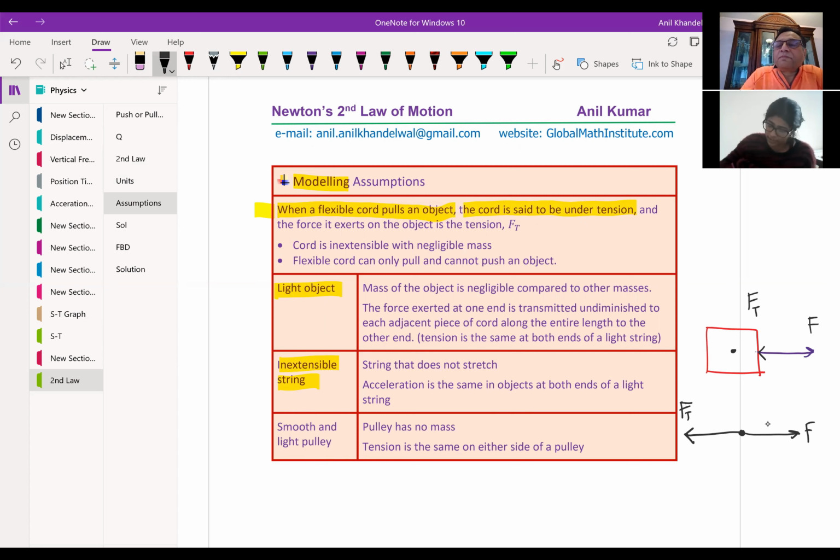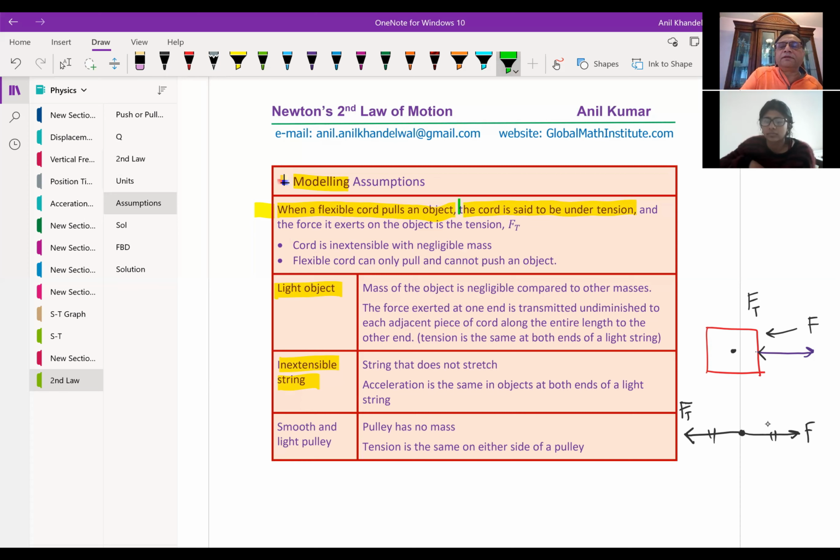You can translate vectors, right? They remain the same. A vector has two parameters: one is the direction, the other is the magnitude. The length of this arrow is the magnitude, which is equal to that of the force in this case, and the direction is reversed. That is how we are going to represent this particular situation.